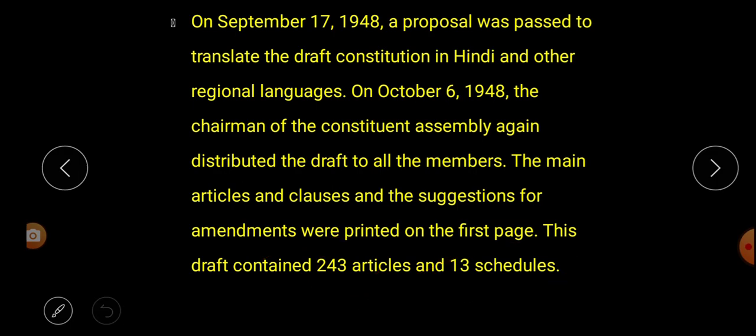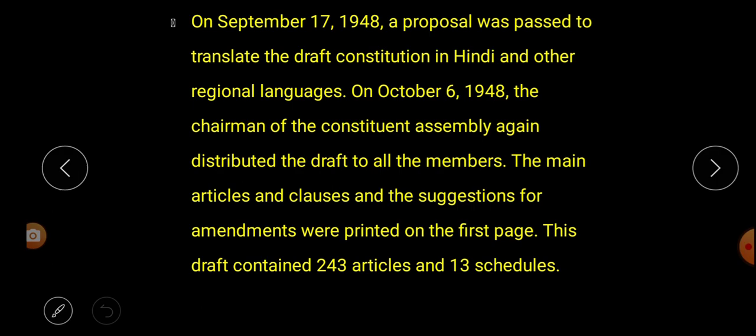So in this paragraph, it says that on September 17, 1948, a proposal was passed to translate the draft constitution into Hindi and other vernacular or regional languages.